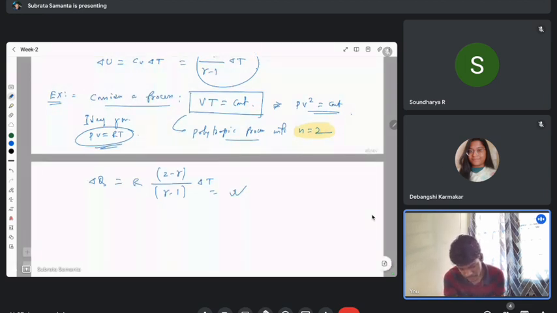Similarly, let's do another example, a more complicated process. Let's say P equals alpha V. So this implies that PV inverse equals constant, right?